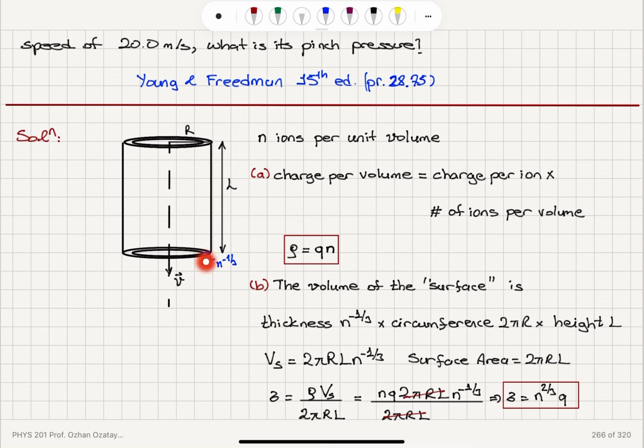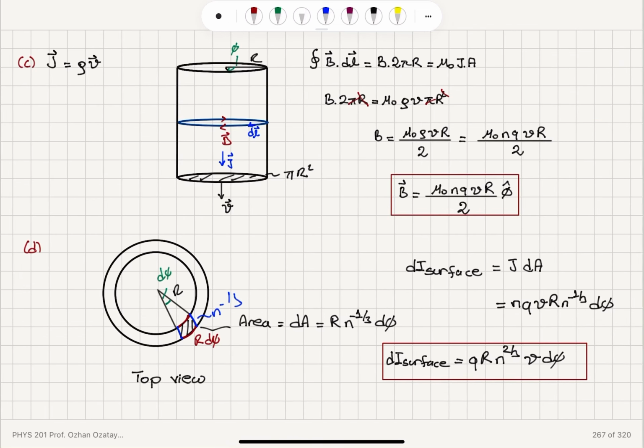If the shell of this cylinder has a thickness n to minus 1/3, then we have the surface area times the thickness as the volume, and the total charge, rho times the volume of the surface divided by its area, gives us the surface charge density, n to 2/3 q. The current density is rho times v, the charge density multiplied by the velocity.